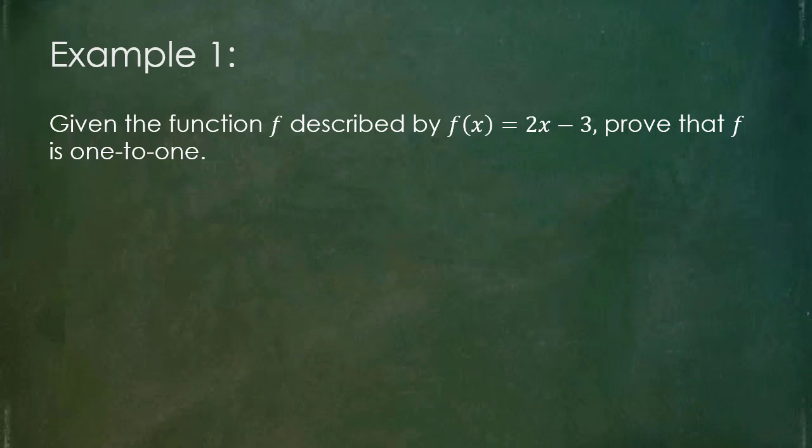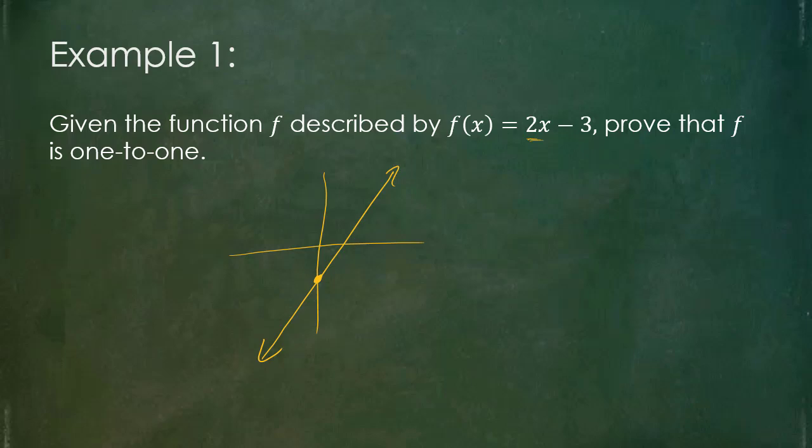Where it will say, here's your function, f of x, in this case equaling 2x minus 3, prove that it happens to be one-to-one. Well, based on what we know about this function, it's linear, so if I were to sketch this, I know it would cross down at -3 and have a positive slope. Is that ever going to switch from increasing to decreasing? Well, since it's linear, it's either always going to increase or always going to decrease.